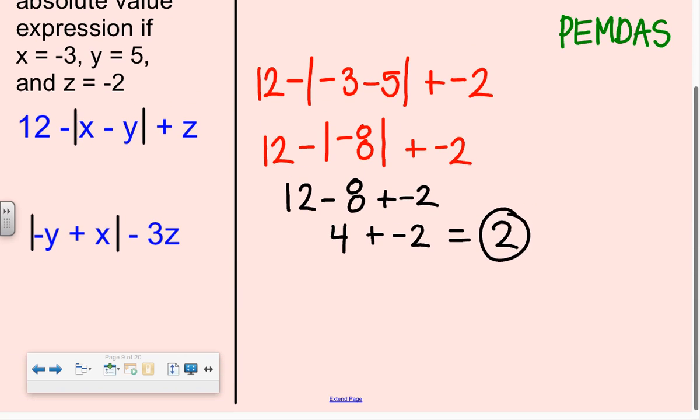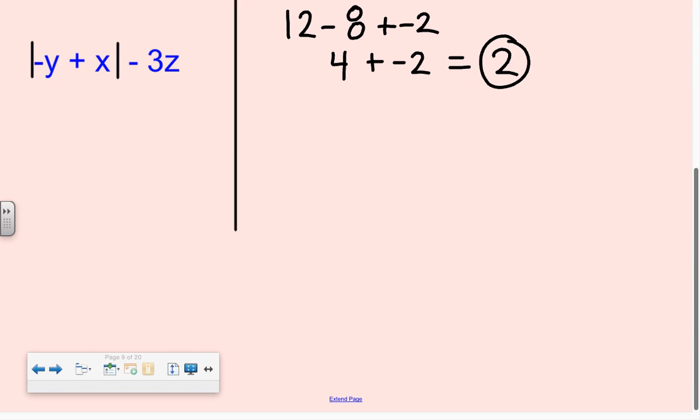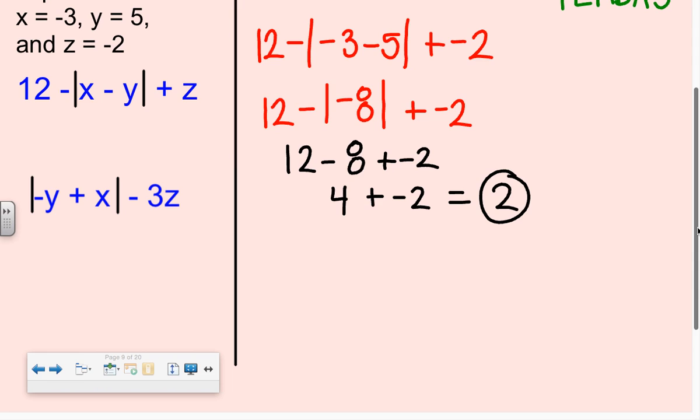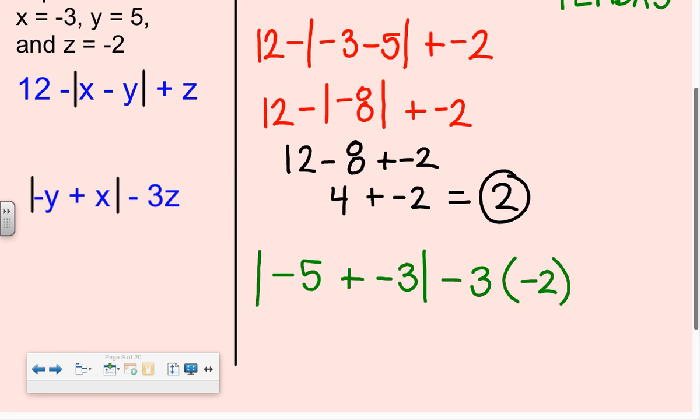All right, next one. We have -y, so -5. Plus x, so -3, minus 3 times a -2. So -5 and -3 make -8.